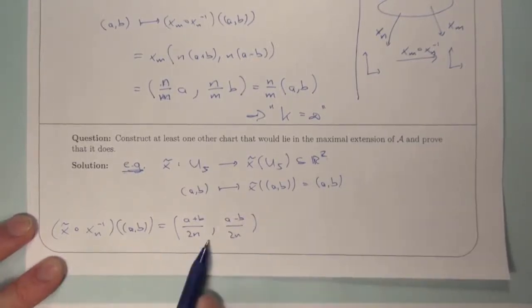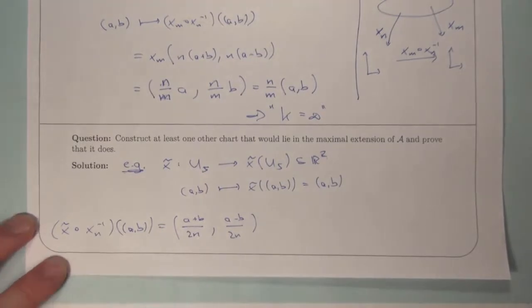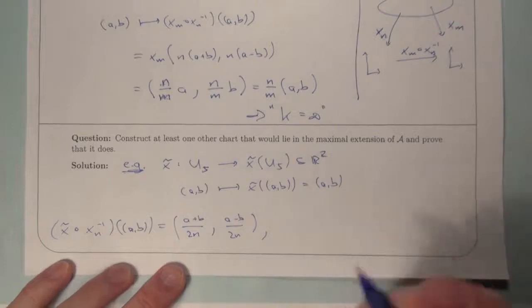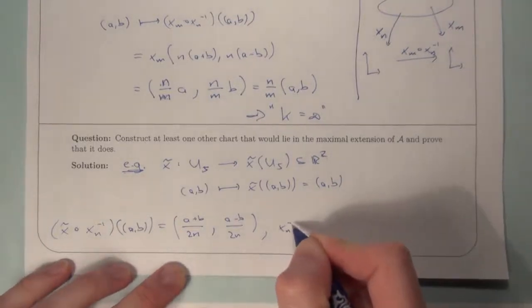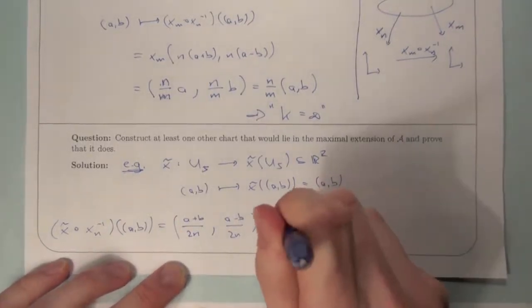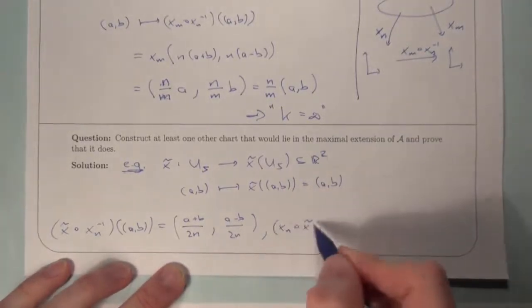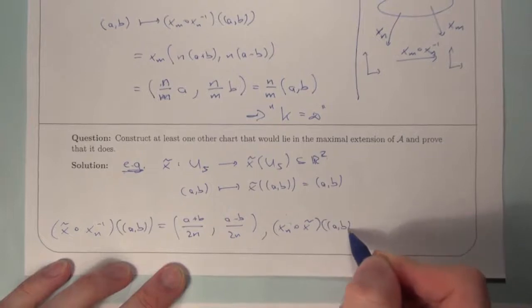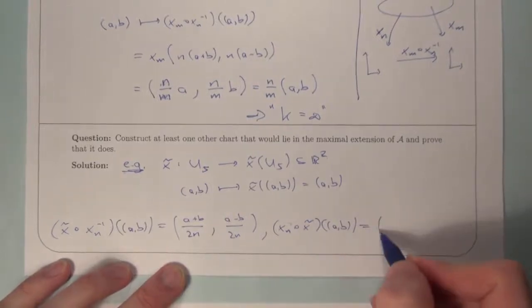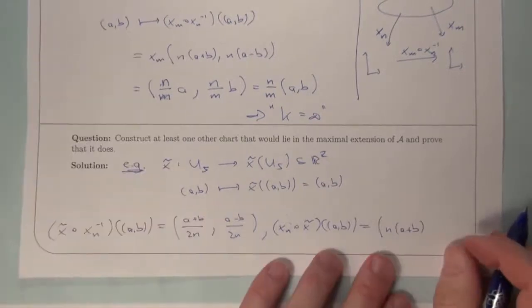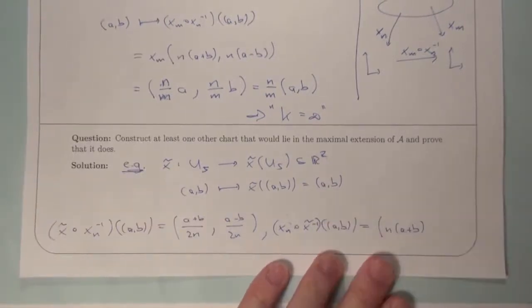Maybe you need to construct this, but that's the right result, and this is of course smooth. And the other direction, which is xn without the inverse, we again plug in some a and b, and this is a plus b. Sorry, the inverse was missing.